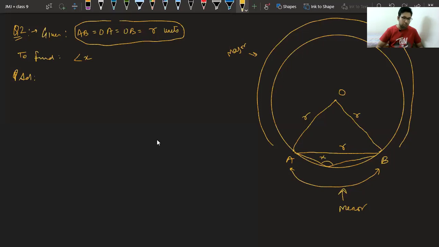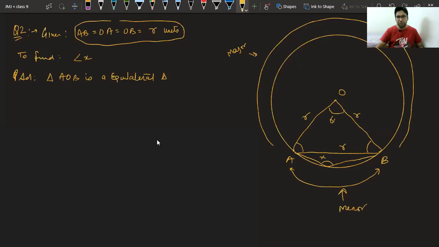First, we have observed triangle AOB is an equilateral triangle. The moment we said this, we knew that these angles are how much, class? 60 degrees.